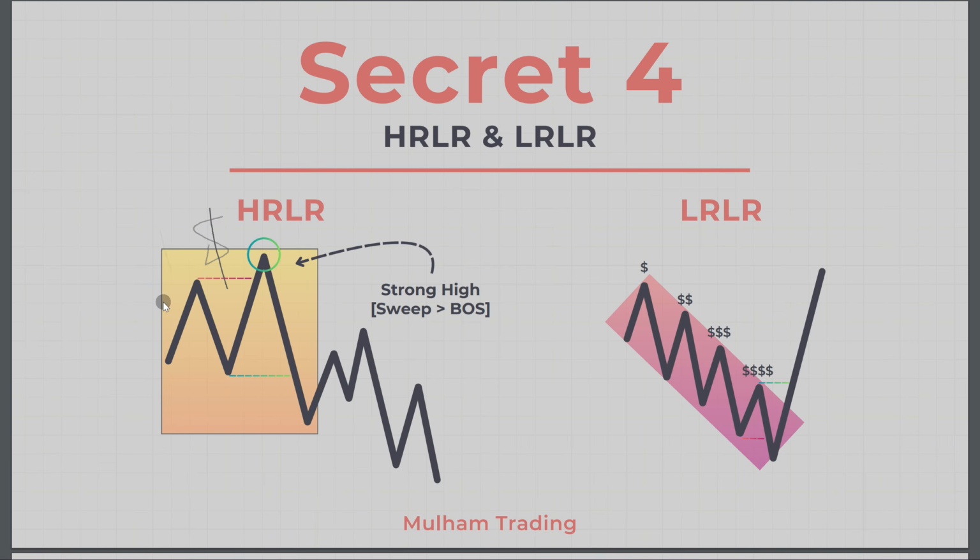What happened here is that there is a process of transferring the liquidity from this high to this high after taking that high. So we had liquidity here and it was transferred to this high here. There is no more liquidity here and it becomes here now. On the other hand, in this schematic to the right, we have liquidity here, and because it was not taken, there is no process of transferring the liquidity.